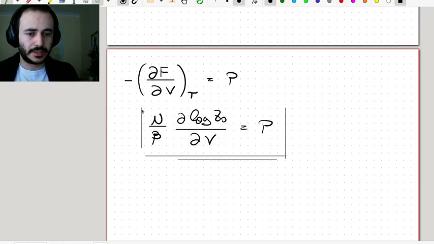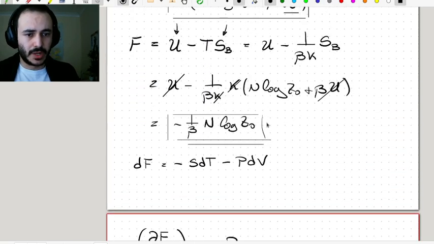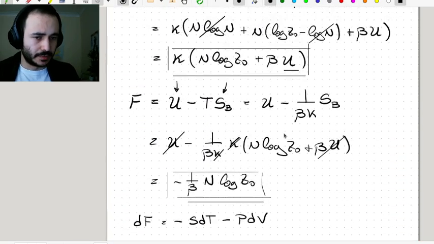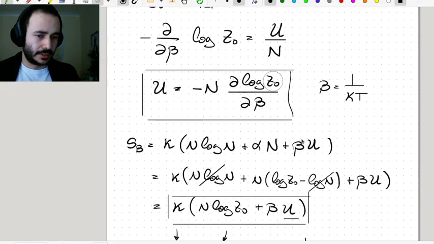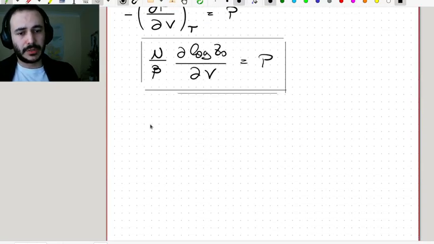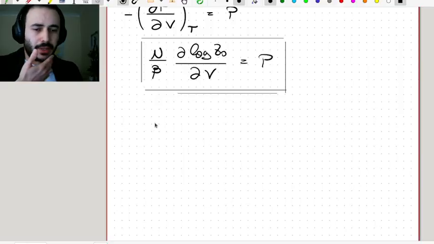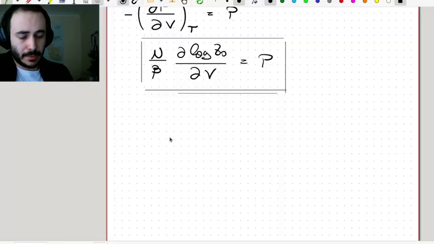So these are the expressions to remember: what pressure is in terms of the partition function, what free energy is in terms of the partition function, what entropy is, and what internal energy is. So the whole point is when I'm given a system, I could be told many things, but usually I'm given a system which is made of individual quantum components, and I know that these individual subsystems, which are independent and make up a large number of them, make up my thermodynamic system, they can exist in a number of states.